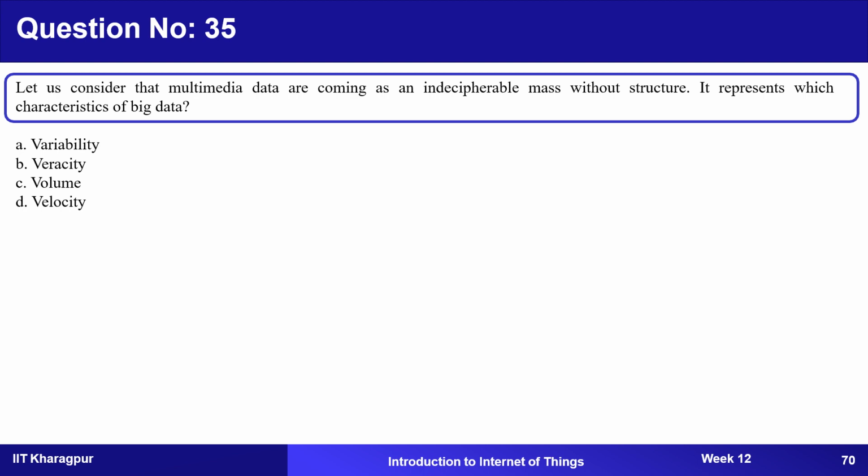Anyone else? No, ma'am. Velocity. I think it will be B, ma'am, because without structure, different variety of. Yeah, okay. It's variability.